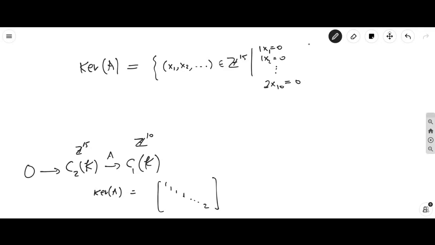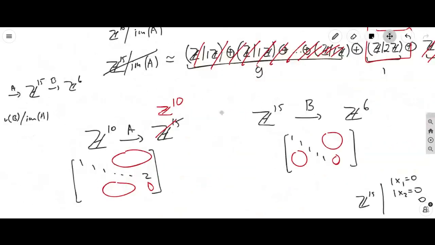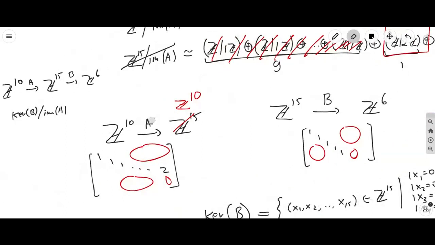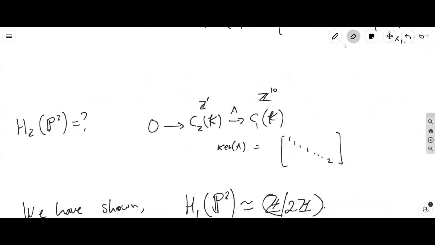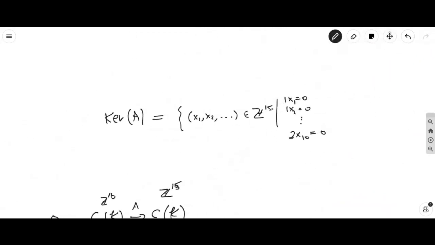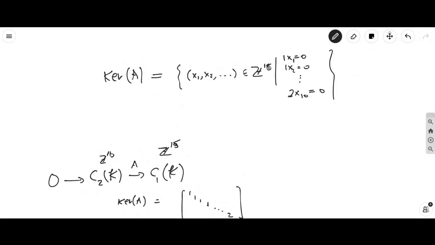I think I'm doing something wrong again. So we have this from Z10 to Z15. Did I mess this up? Yeah, I messed it up. It's from Z10 to Z15, right? From Z10, this is in Z10 to Z15. So, yeah, that should be Z10.